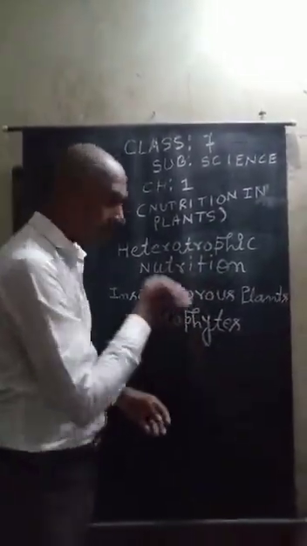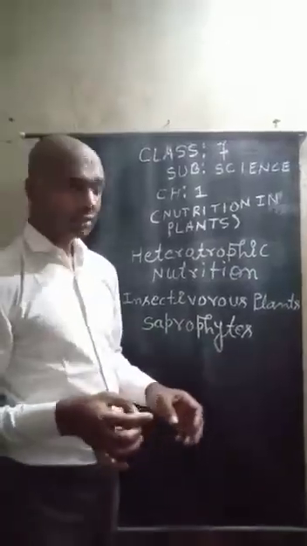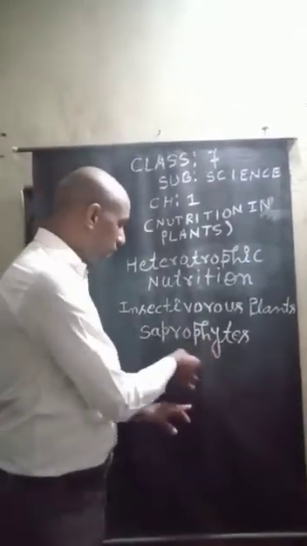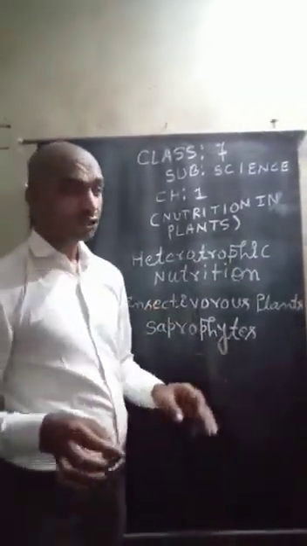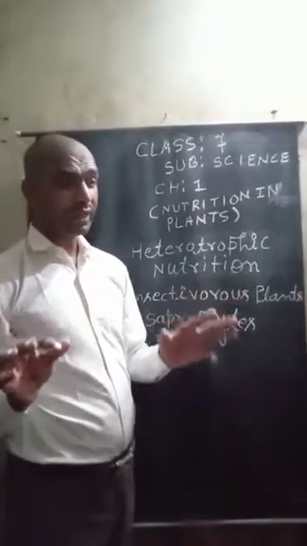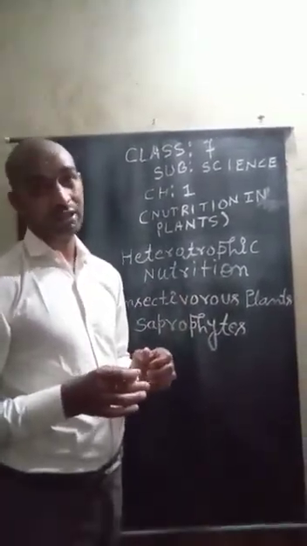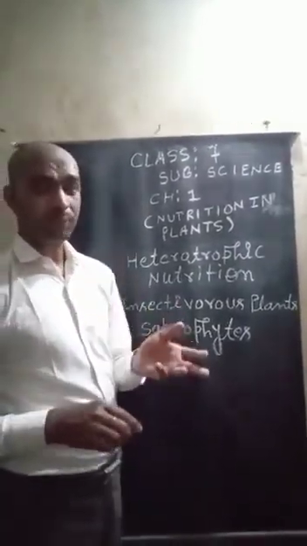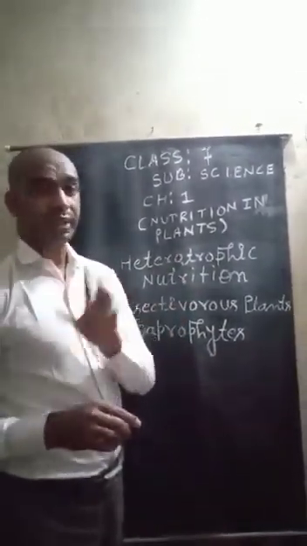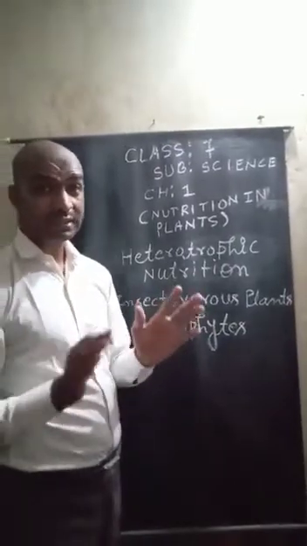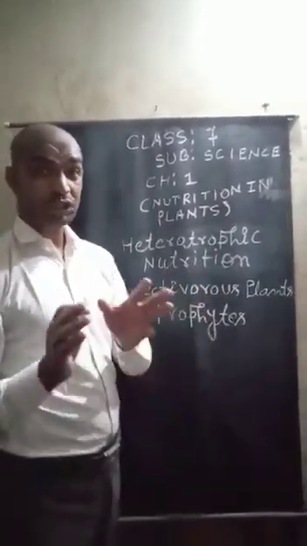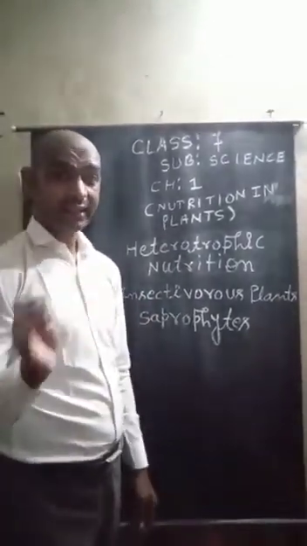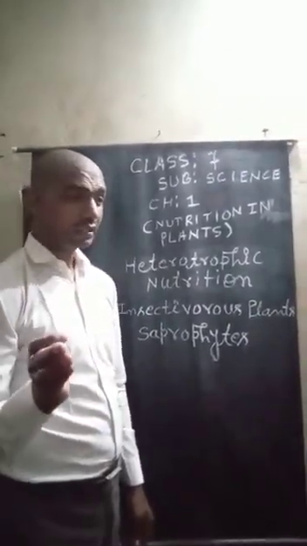Then after that, saprophytes. About saprophytes, first of all we have to know what saprophytes are. They are organisms that get their nutrients from dead and decaying organic matter. Once again try to understand: organisms that get their nutritional needs, their nutrients, from dead and decaying organisms are called saprophytes.